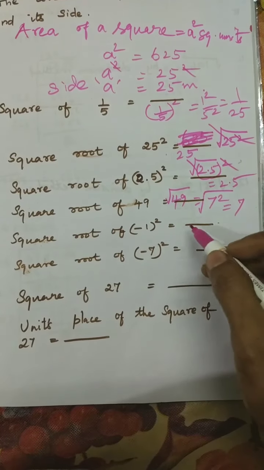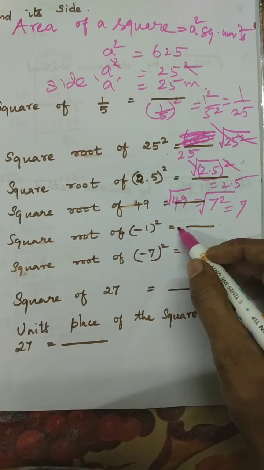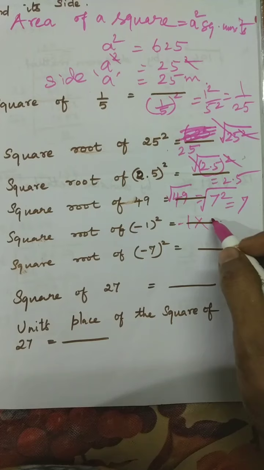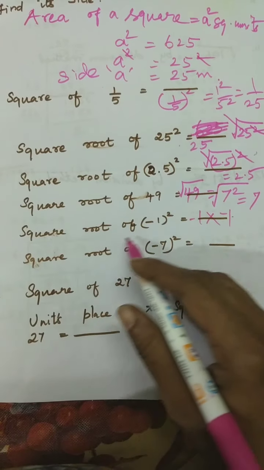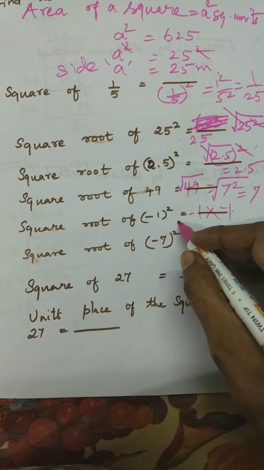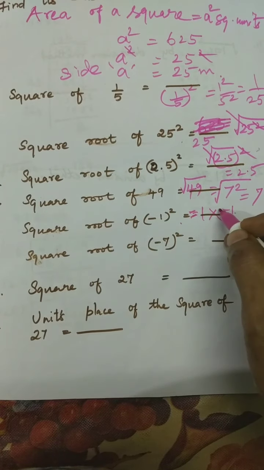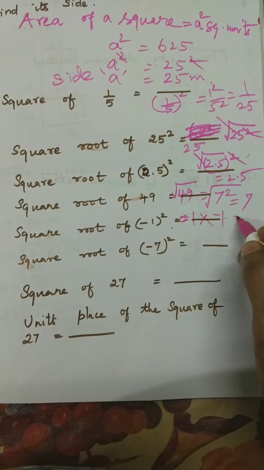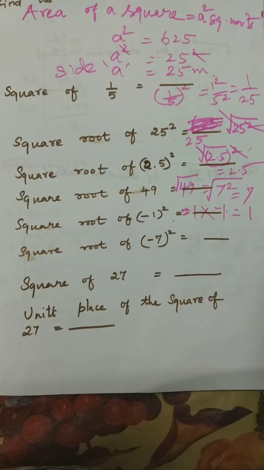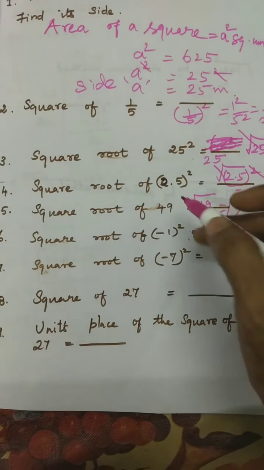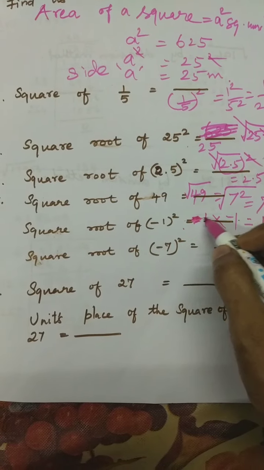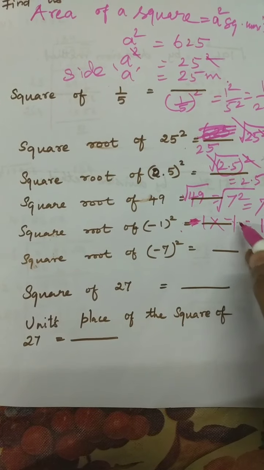Now, square root of minus 1, the whole square. Minus 1 into minus 1, isn't it? Then minus and minus becomes plus here, so the answer is plus 1. If you multiply minus 1 and minus 1 two times, minus and minus becomes plus.